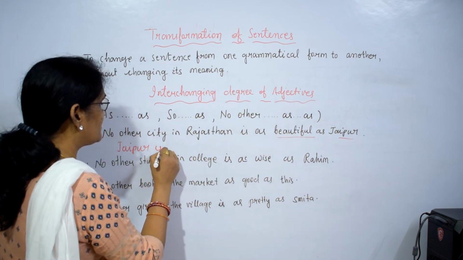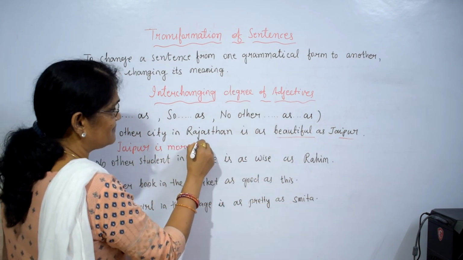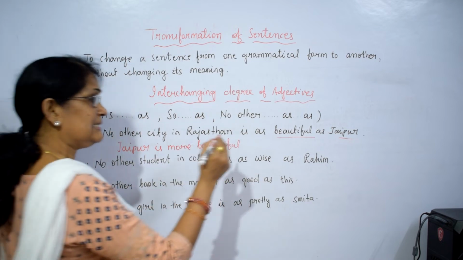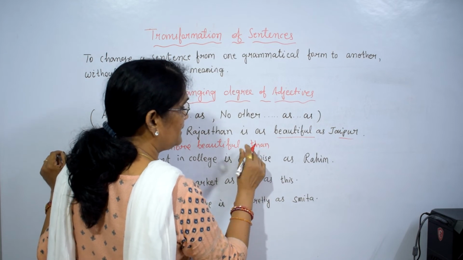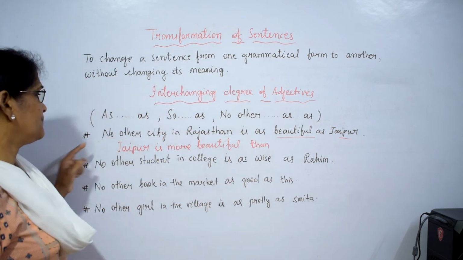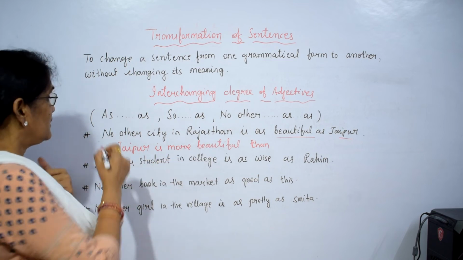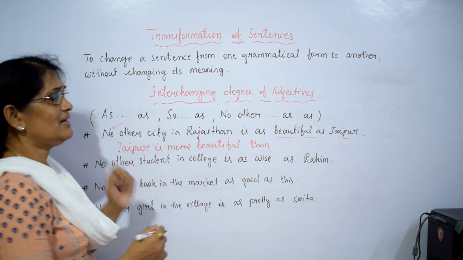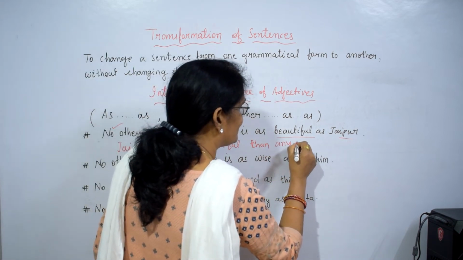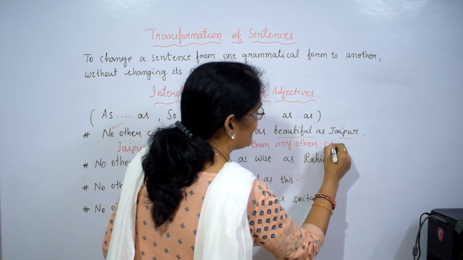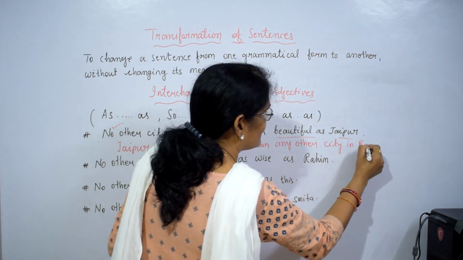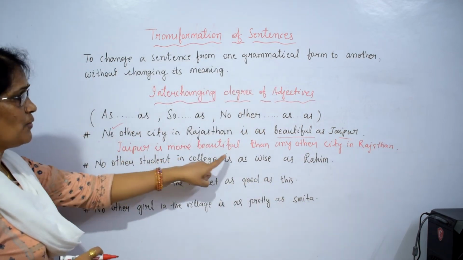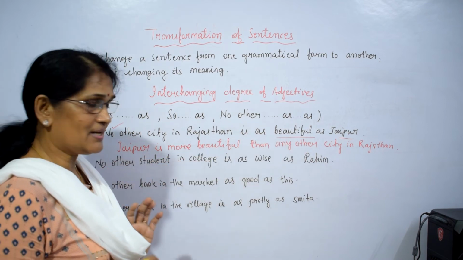Jaipur is more beautiful than, in comparative degree than must come, and in place of no other, replace any other city in Rajasthan. Jaipur is more beautiful than any other city in Rajasthan.